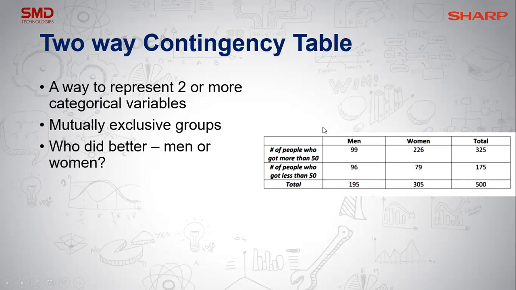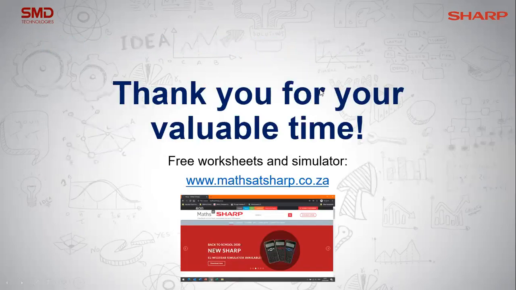And the chance of choosing someone who got more than 50% is 325 out of 500, or the people who got less than 50 would be 175 people out of 500. Okay, now you can combine those. So you can say, what is the chance of getting a man who got more than 50%? Well, it's 99 out of 500. Okay, so that's how it works.